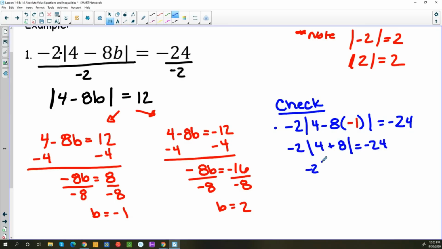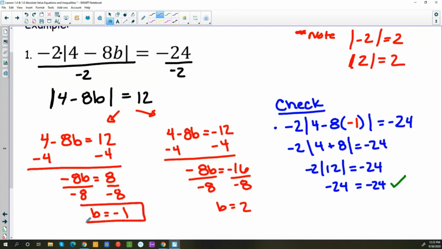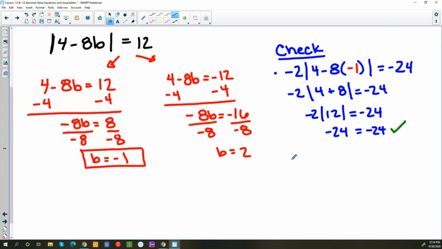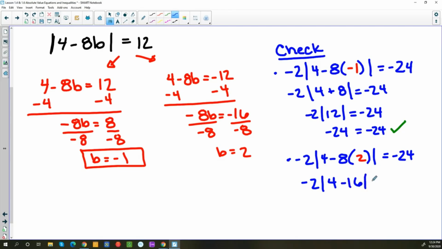We have -2 times the absolute value of 12 equals -24. This is negative 24 equals negative 24, so that is good. That means that negative 1 is an answer. Now we want to check the other possible answer: negative 2, absolute value of 4 minus 16, which is negative 2 times the absolute value of negative 12.